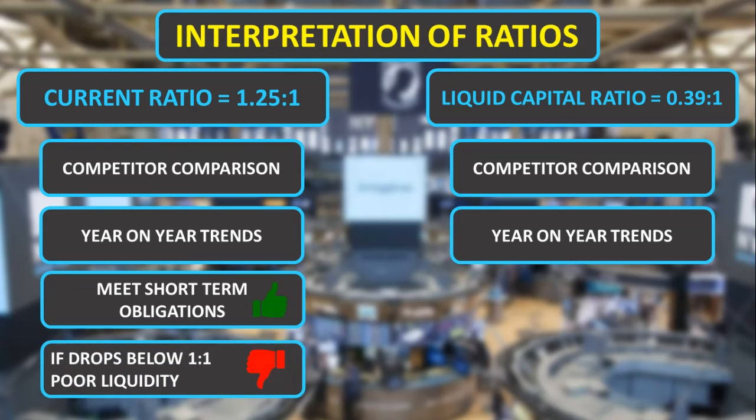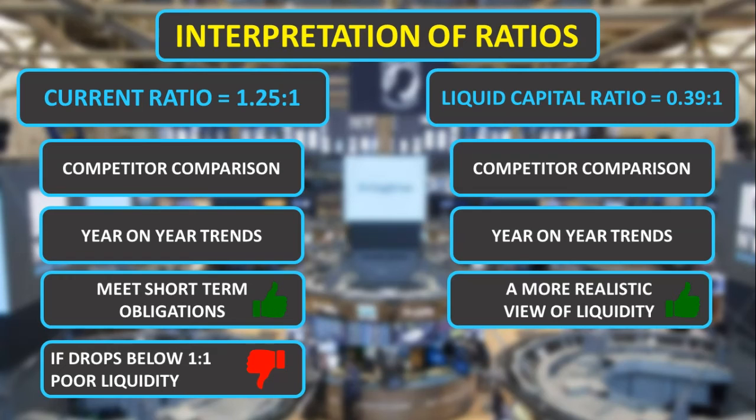Problems may occur if the ratio was below 1, as it would indicate that the business had liquidity problems, and therefore needs to put in place financial measures to resolve this. The current ratio can also be too high and could show that the business is sitting on too much cash that could be invested elsewhere in the business to achieve a greater rate of return. However, 1.25 is a little on the low side, but is still an acceptable figure.